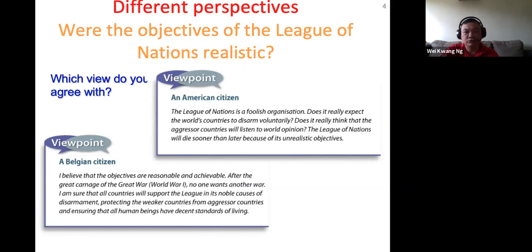What I want you to do very quickly is jot down on your worksheet: what do you think is the viewpoint of the American? Meaning, how do the Americans view the LON? What is their perspective of the LON? Remember, the focus is not on the content. It is from the content that I want you to see what it is that the Americans were feeling.